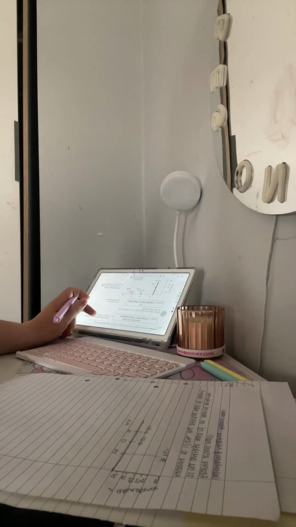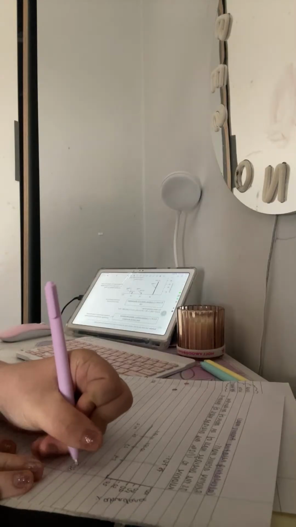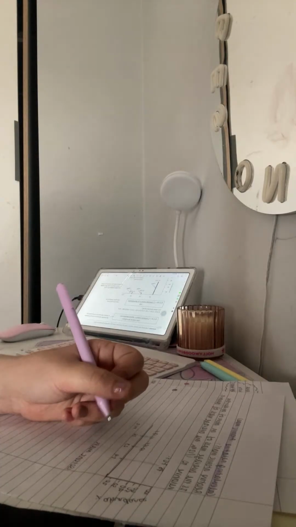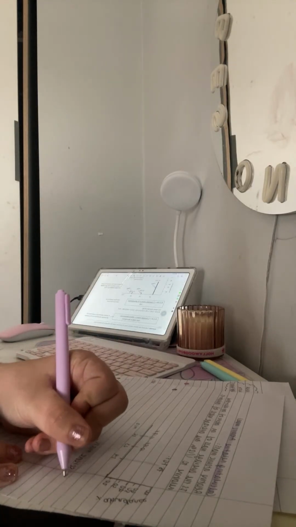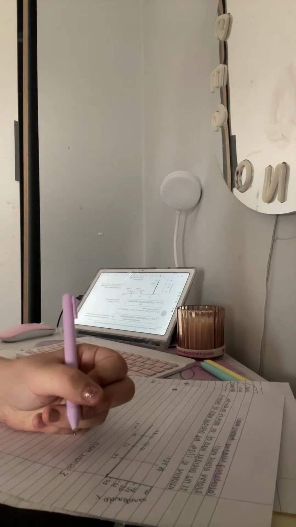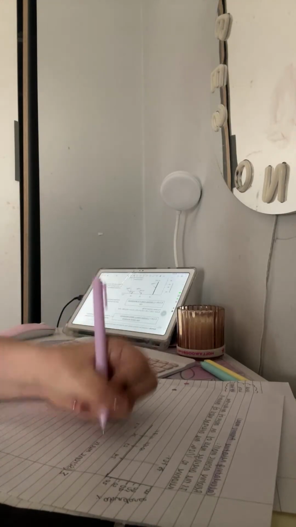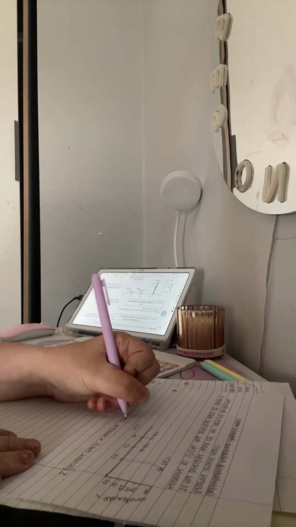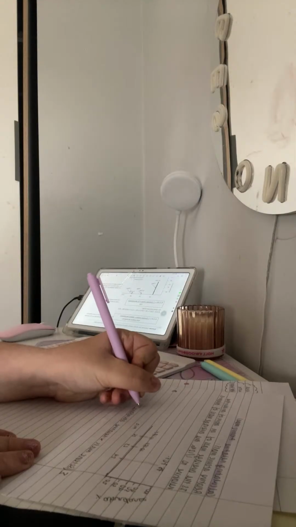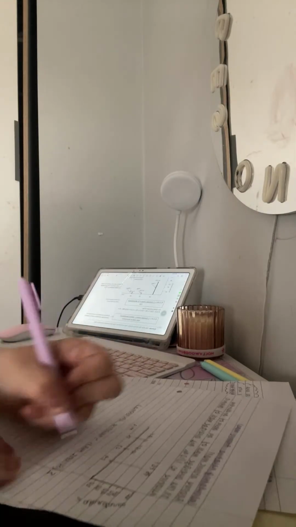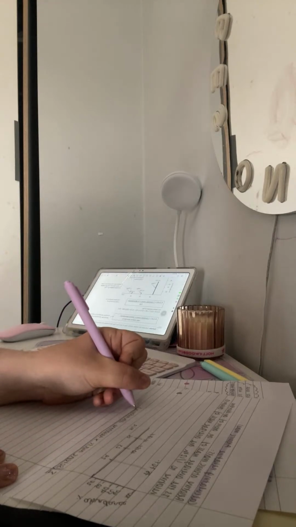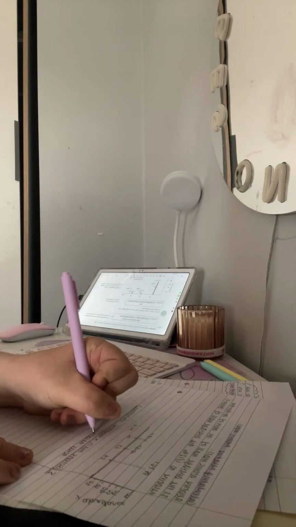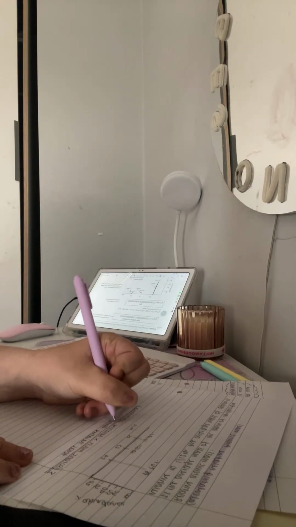Okay, now what we have to do is the isotopic mass. Isotopic mass is the sum of the isotopic mass times the relative abundance, and then it's divided by the total relative abundance.